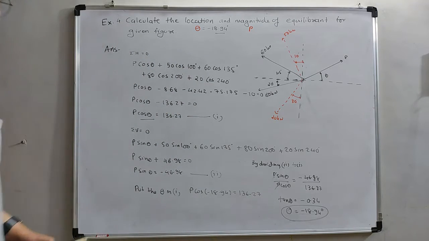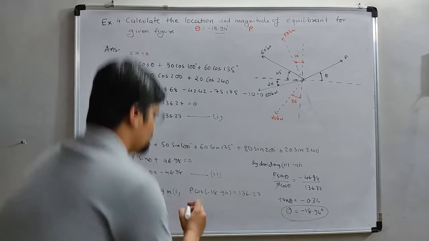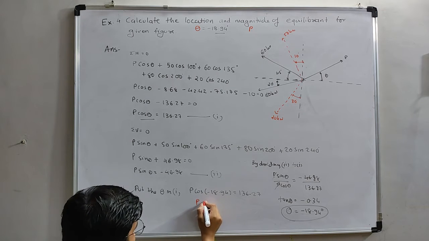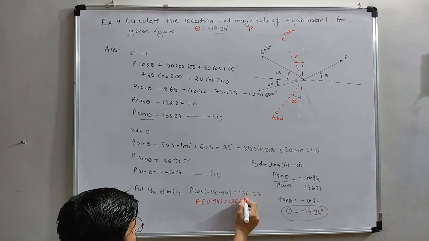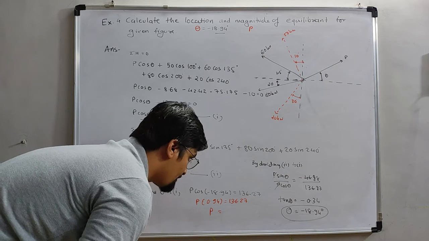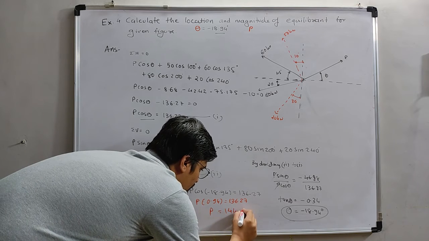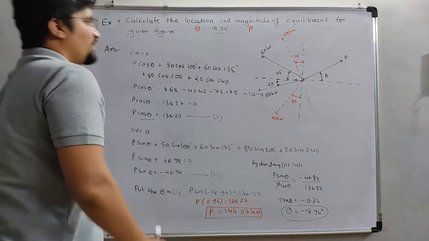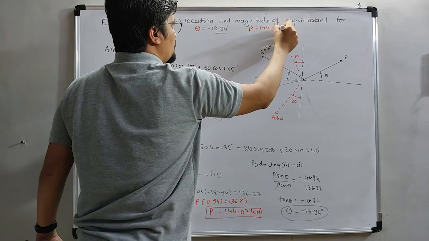We get P into 0.94 equal to 136.27. So P is equal to 144.07 kilonewton. It means we get both the values. P is equal to 144.07 kilonewton.